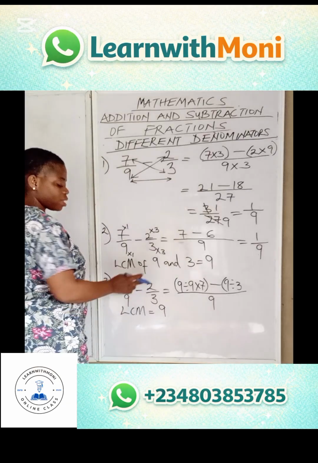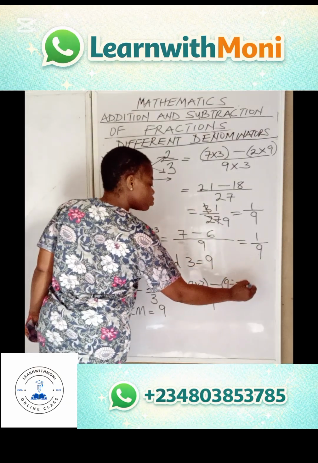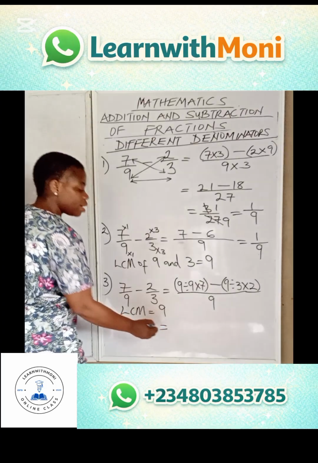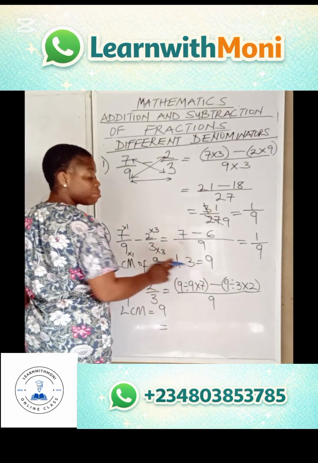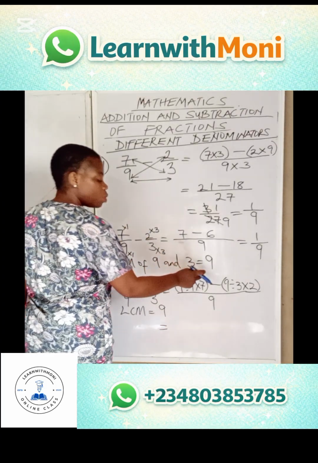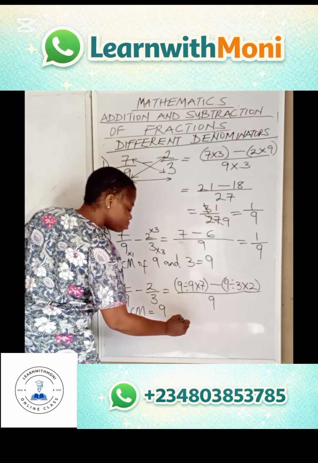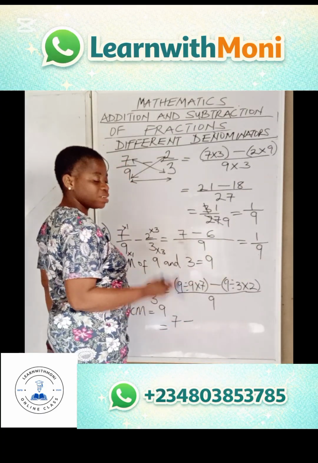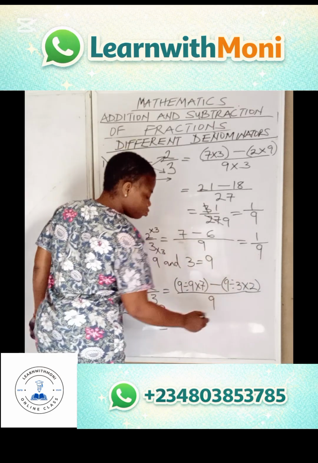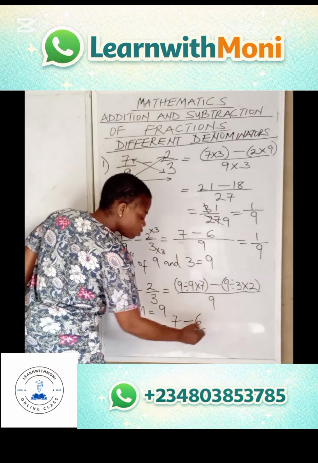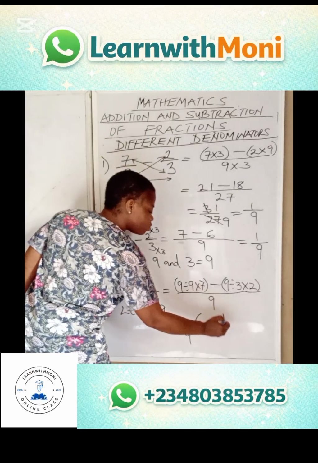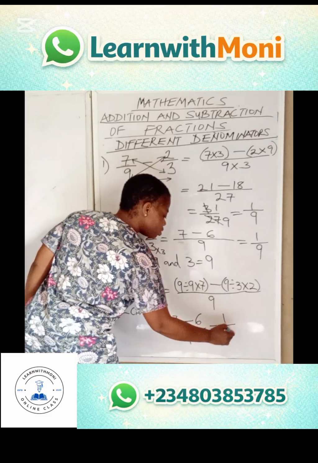Whatever answer I get, I'll multiply it by 2. So that I have 9 divided by 9, 1. 1 times 7 is 7 minus 9 divided by 3 is 3. 3 times 2 is 6 over 9.